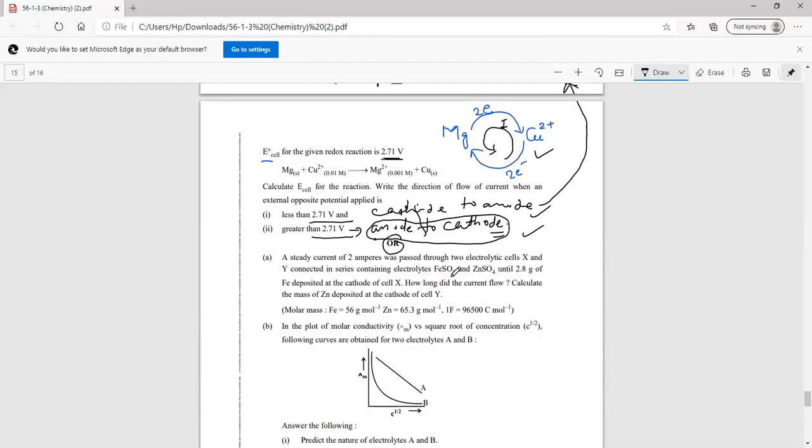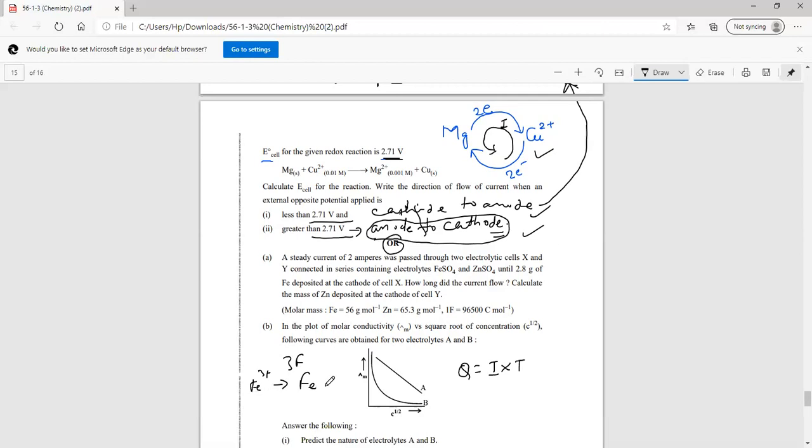Then calculate the mass of zinc deposited in cell Y. Okay, so it's very easy. The charge which flowed will be equal to I into T. Now T we have to find out. Charge we can find out very easily: for Fe 3 plus to become Fe, 3 faraday charge is required.